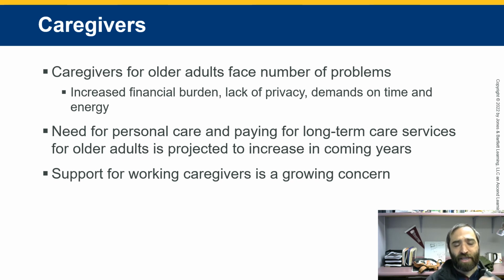One is if they're caring for the older adult, they may not be able to work, or not be able to work as much, so their income is going to go down, but then they may also be spending more money in caring for that older person. There may be a lack of privacy, especially if that caregiver is living with the elderly person. Right? Demands on time and energy.